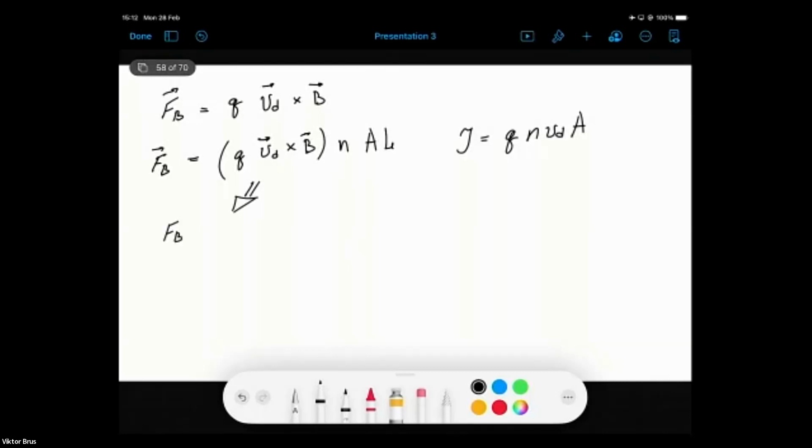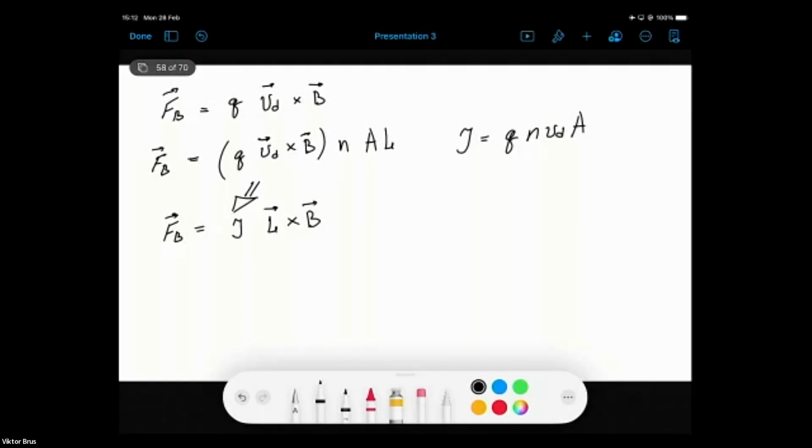The magnetic force vector exerted on a segment of conductor with electric current will be equal to electric current, magnitude, times L vector cross product with B vector. So what does it mean?